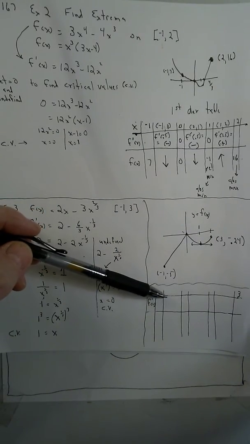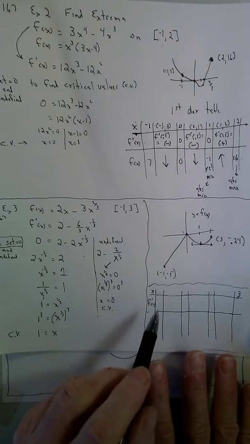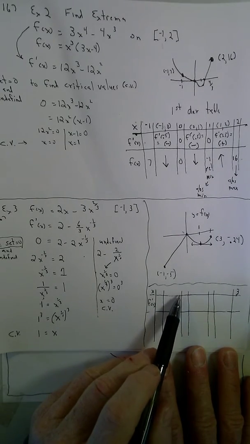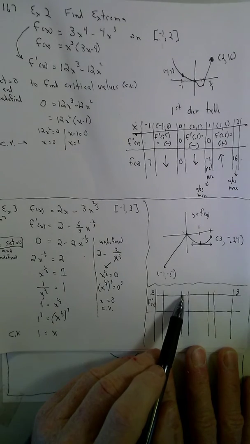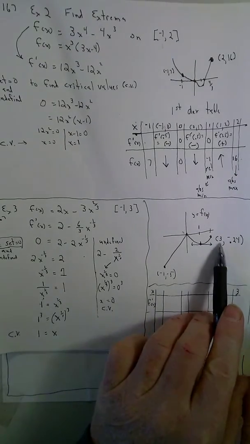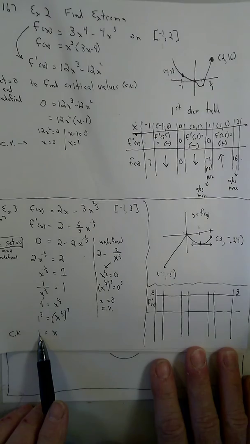So the first thing you do is you take your number line, the x's, and you break it up based upon endpoints and critical values. So -1, 3, 0, and 1. So I need 4 columns for those 4 values, and I put them in order.